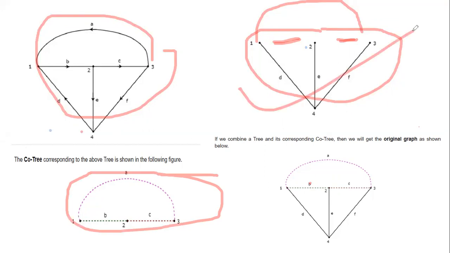Tree is this one. Co-tree will be the set of all the branches which have been removed to make the tree. तो वो co-tree कहलाएगा. And the branches of a co-tree are called links.